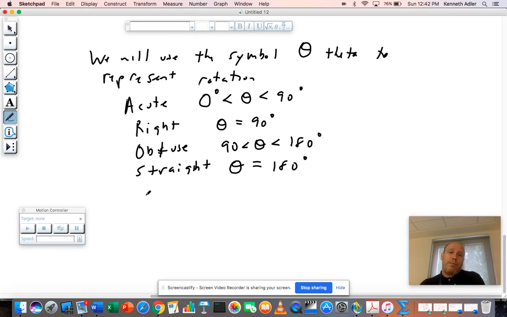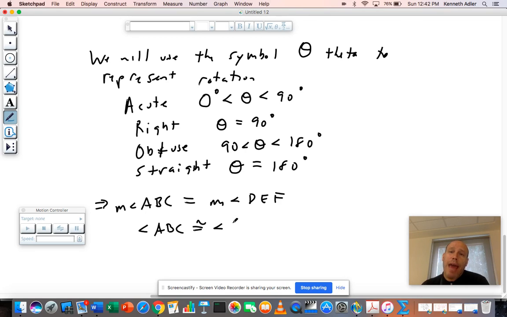Now, a little thing. Let's say the measurement of angle ABC is equal to the measurement of angle DEF. Then what can we conclude? We conclude that angle ABC is congruent to angle DEF.